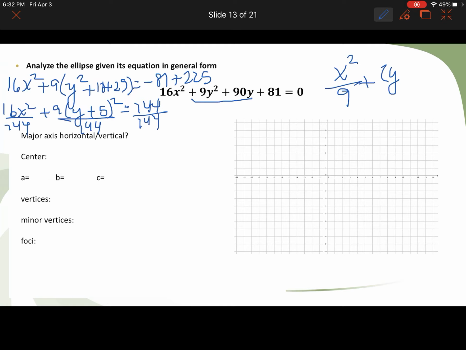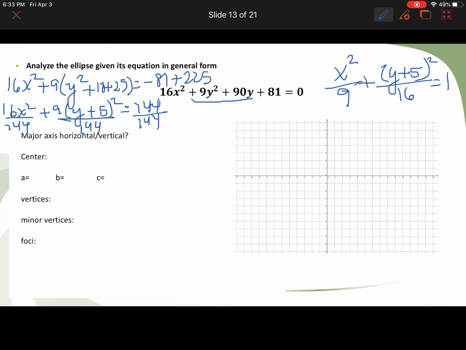Oops, yeah, that's right, plus y plus 5 squared, and 9 into 144 is 16 equals 1. All right, so if you had trouble getting that far, then pause again and see if you can finish it now.